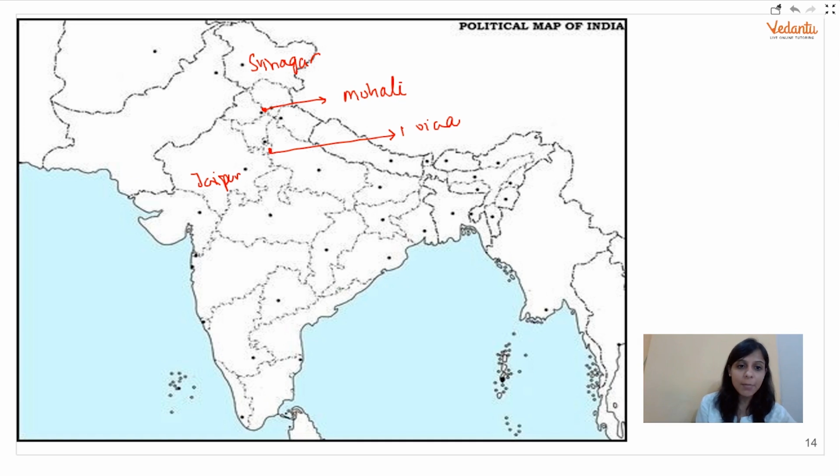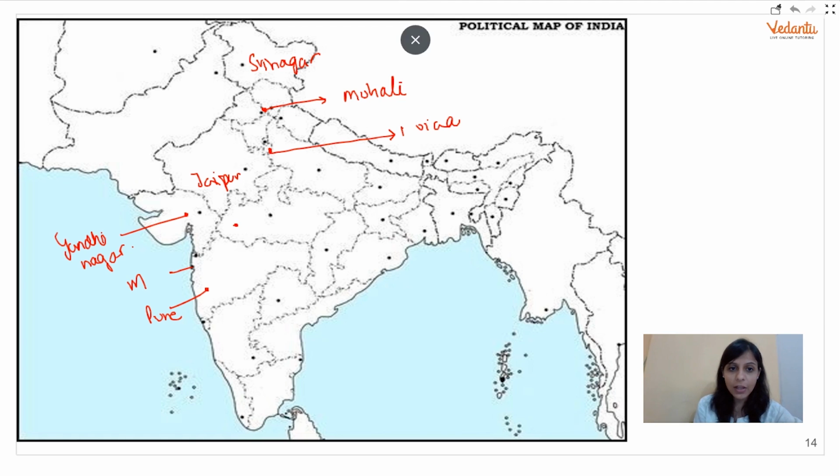Then in Maharashtra, this is Mumbai, and right below it you have Pune. Now moving to Gujarat, you have Gandhinagar. Then in the state of Madhya Pradesh, right here you have Indore.